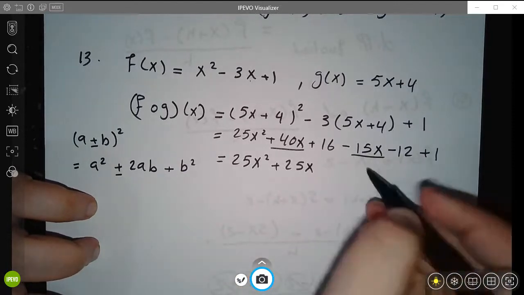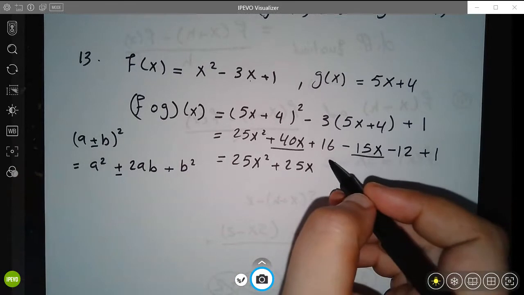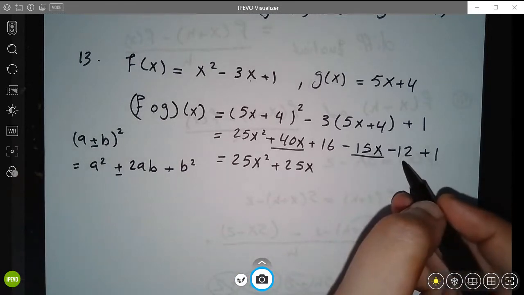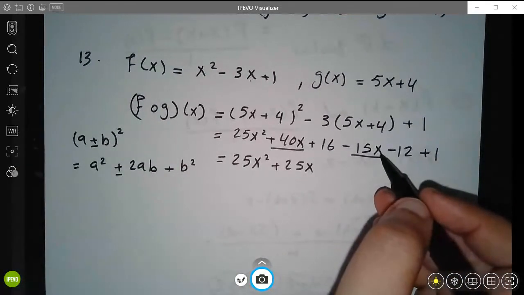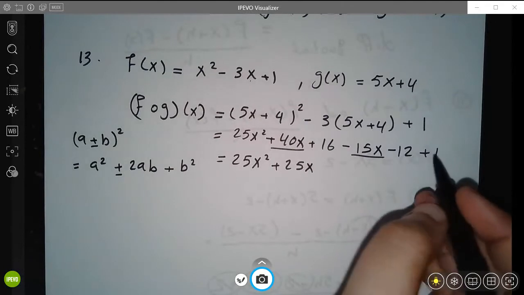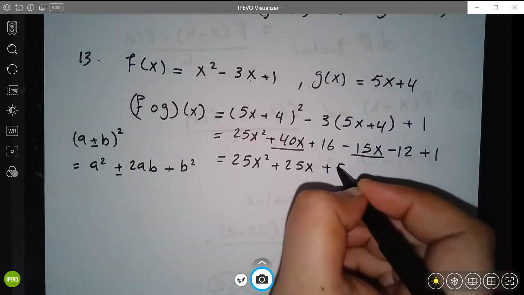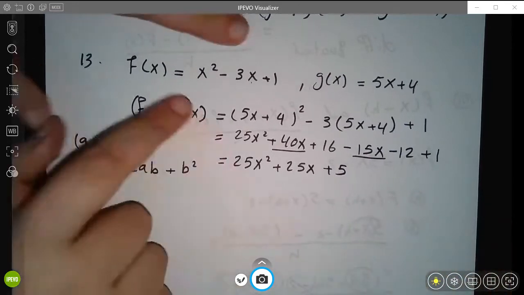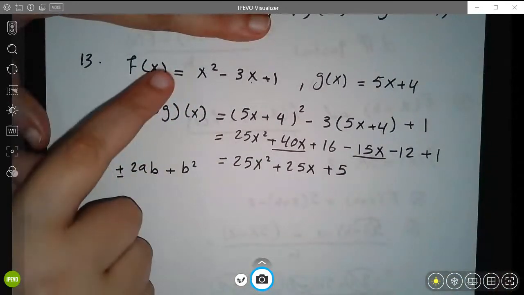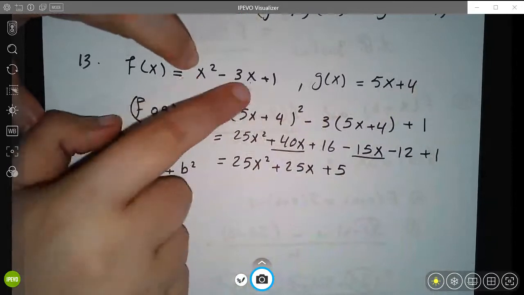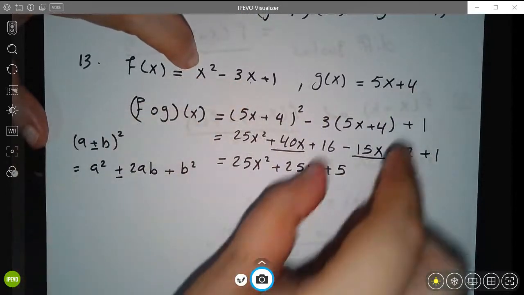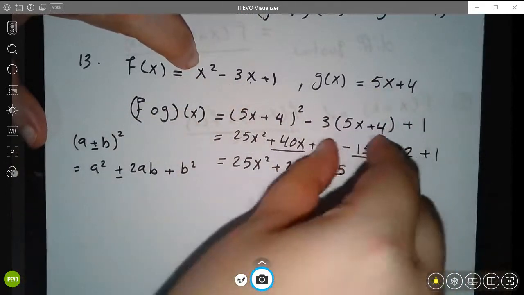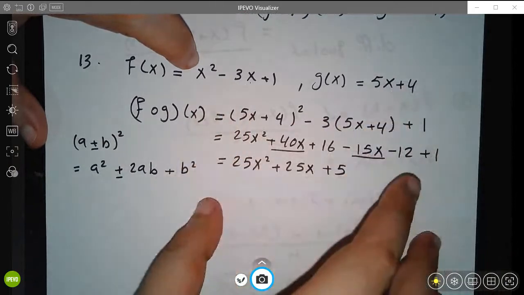Okay, that leaves me with the numbers. So we have positive 16, negative 12, which leaves you with a positive 4, plus 1, and that's a positive 5. And that's your answer. So you grab the first function, the one on the outside, write it down with the x places blank. You grab the second one and you place it in here, and then you solve.